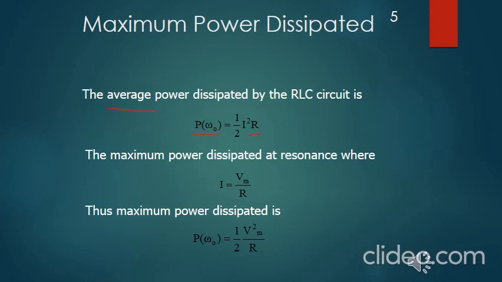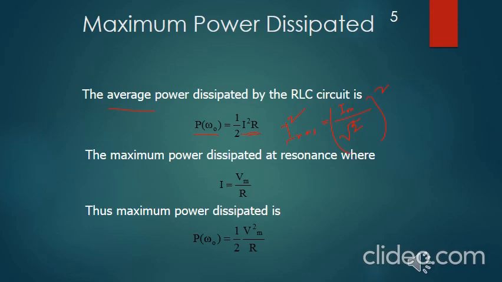I RMS is 1 by root 2 of I maximum, that is, I maximum divided by root 2. Square the term on both sides and you will get the factor half I square R, where I is maximum.